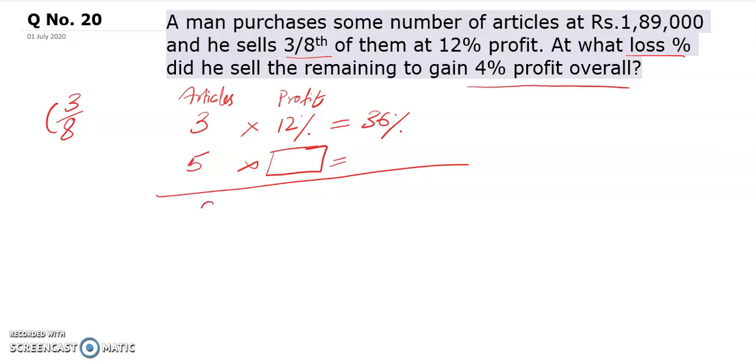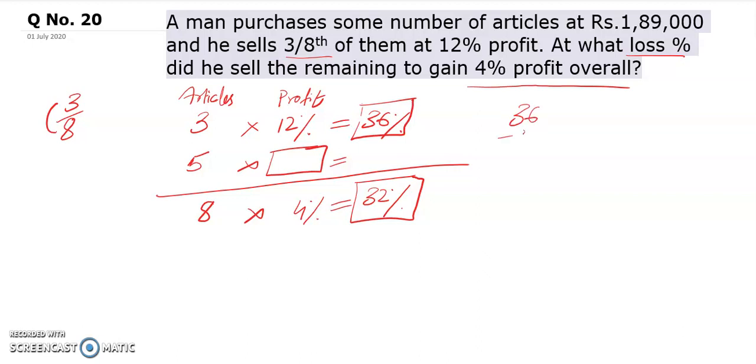So 3 plus 5, total is 8, and overall profit is 4%. So 8 4s are 32%. It says the second part is sold at a loss. Here we see the overall profit is 32% and this first part is greater, 36. If we subtract 32 from 36, we get 4. So this one should be minus 4%.